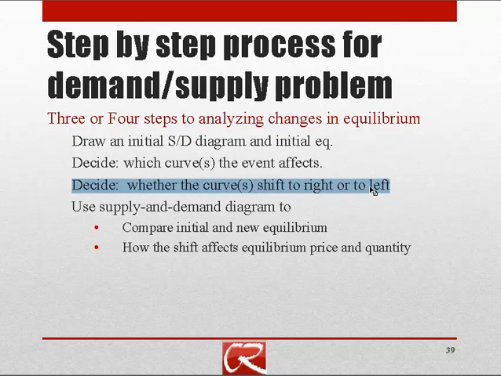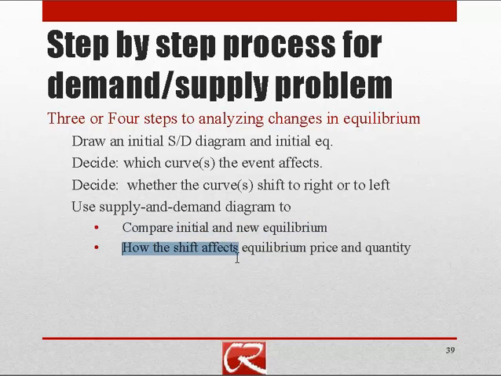Remember, if we have a lower level of demand or supply, we shift that curve to the left. If we have a higher level of demand or supply, we shift that curve to the right, because left is less and right is more. Then, once we've shifted the affected curves, we're going to find the new equilibrium and compare the new equilibrium with our initial equilibrium.